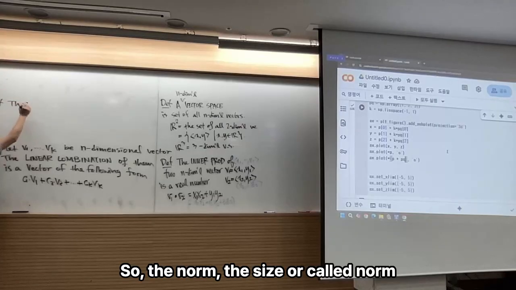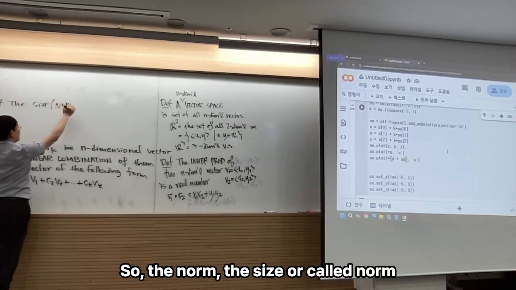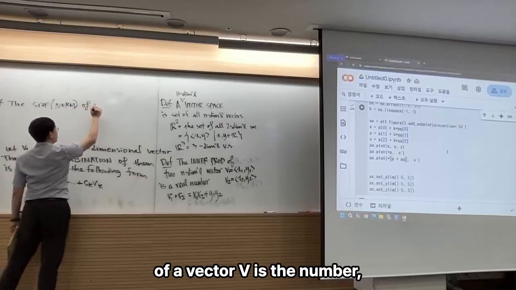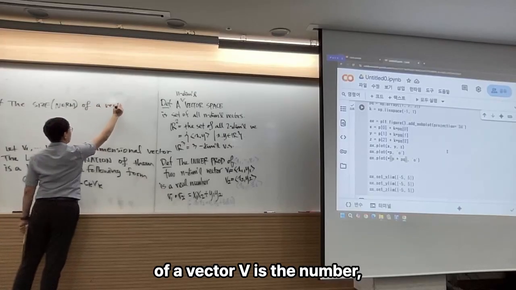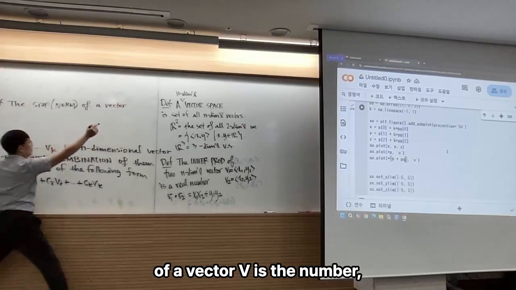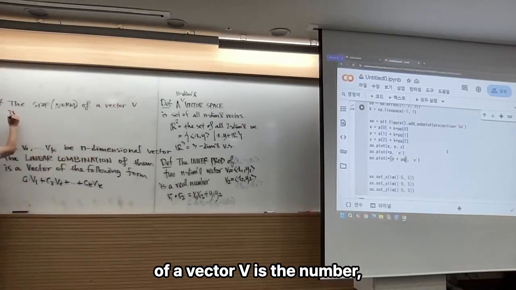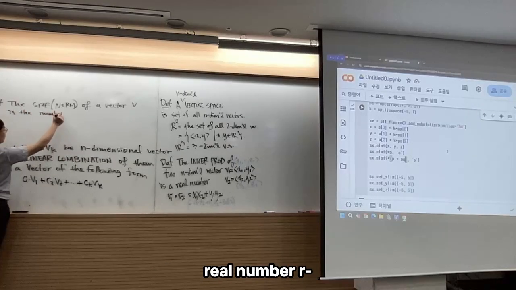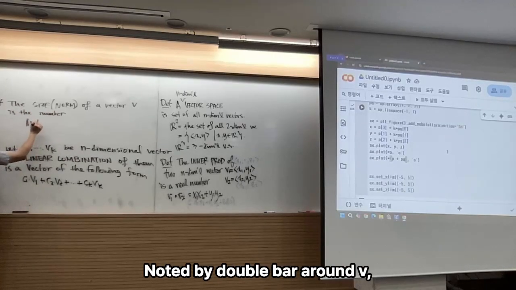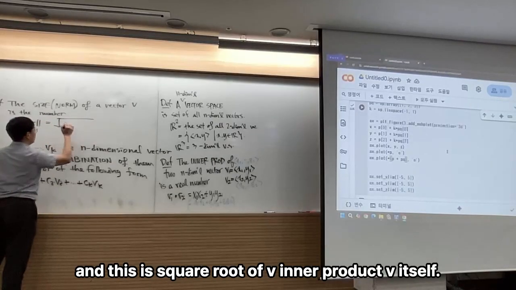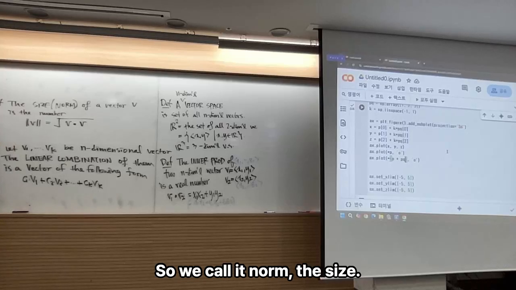The norm, the size, of a vector V is a real number, denoted by double bars around V, and this is the square root of V inner product V itself. So we call it the norm, the size.